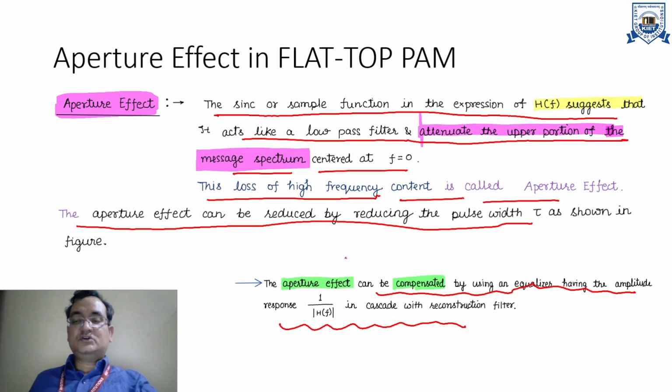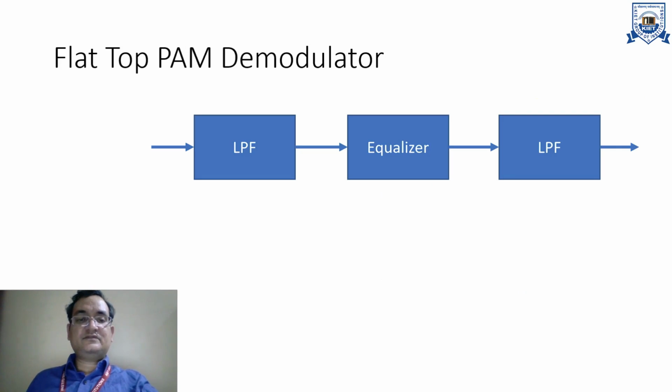The transfer function of the equalizer should be such that it will neutralize the effect of the aperture. So it is very important that the equalizer should have a response equal to 1 upon mod of H of f. This is the block diagram of a demodulator specially dedicated for flat top.